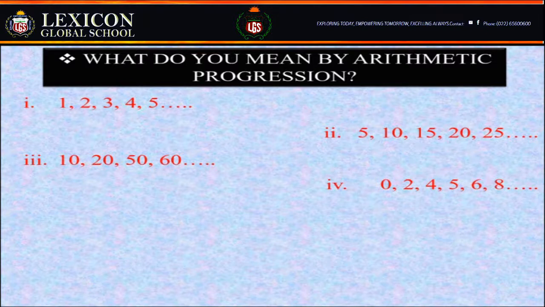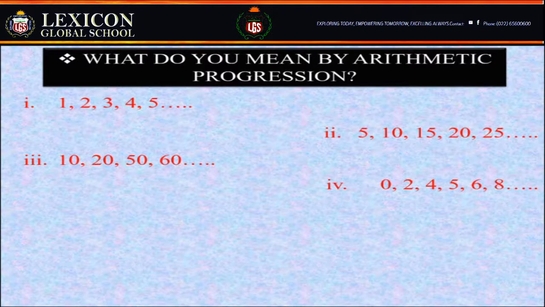Yes, 1 plus 1 will give you the second term, that is 2. 2 plus 1 will give you the third term, that is 3. 3 plus 1 will give you the fourth term, that is 4. And 4 plus 1 will give you the fifth term, that is 5, and so on. That means if you go on adding 1, you would get the next term.